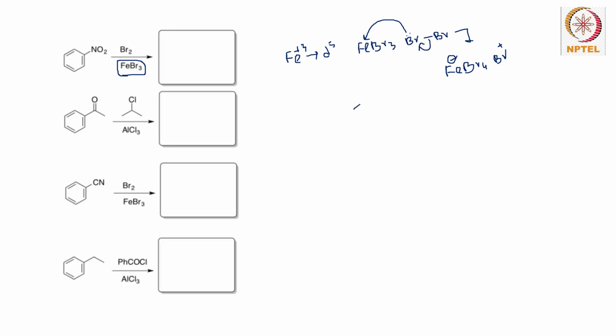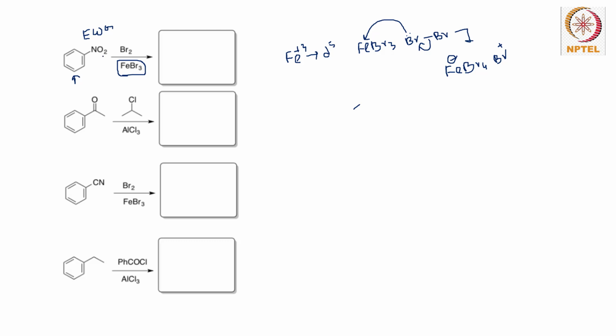Now, whenever there is an NO2 group, that is an electron withdrawing group, in aromatic substitution, an electron withdrawing group will be meta orienting. So the upcoming electrophile will enter at the meta position with respect to this controlling group.